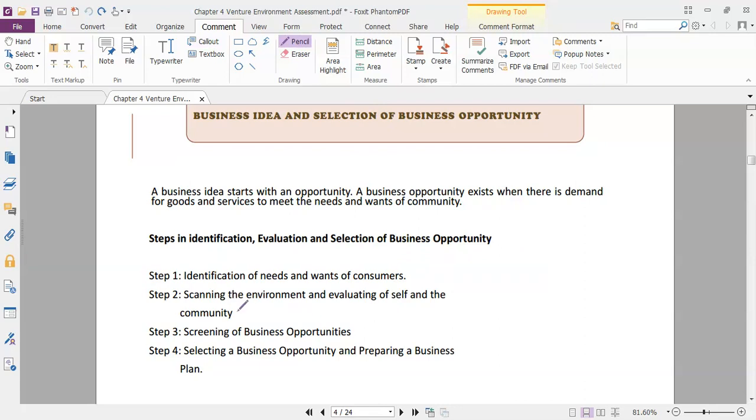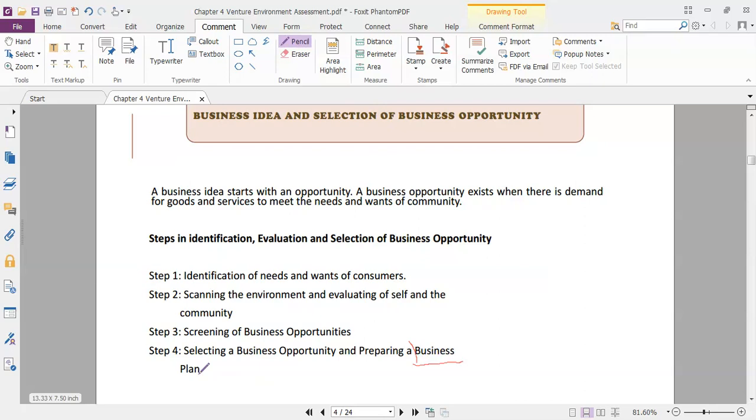Step number two is scanning the environment and evaluating self as a community. You should know the environment. Then step number three is screening of business opportunities, then selecting a business opportunity and preparing a business plan.